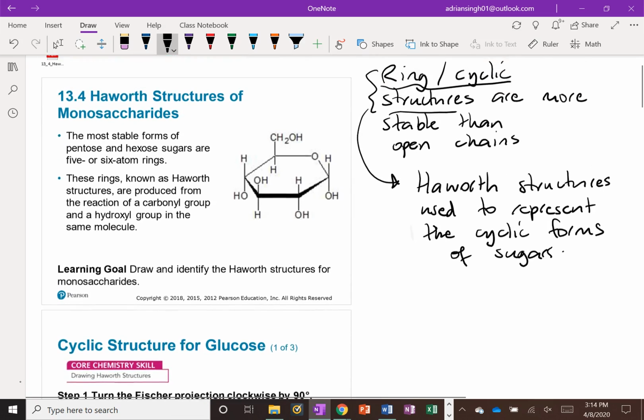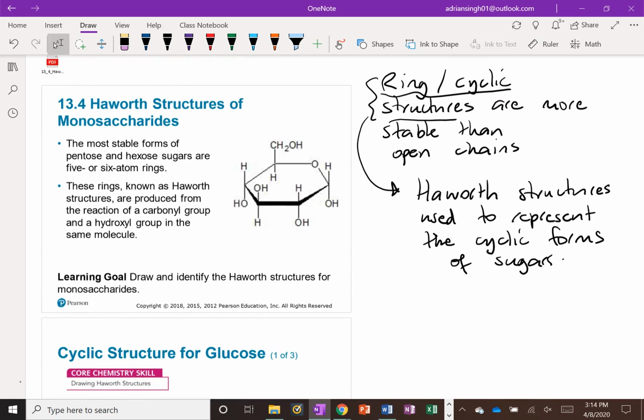The general form that these Haworth or cyclic structures are going to take is going to look like this structure that's shown, and these are going to be the most stable forms, like I mentioned, of sugars that are made up of typically 5 and 6 carbons.